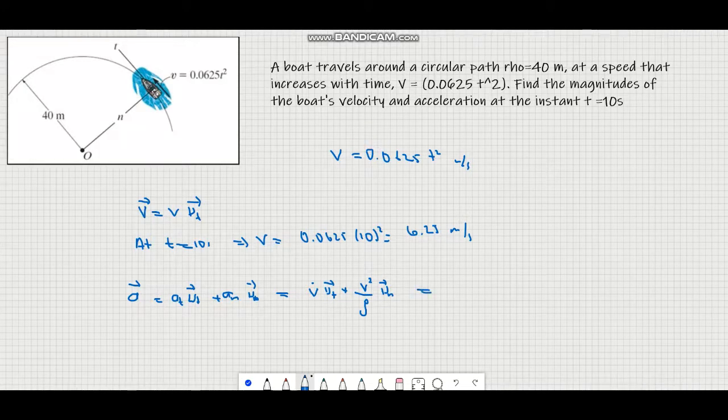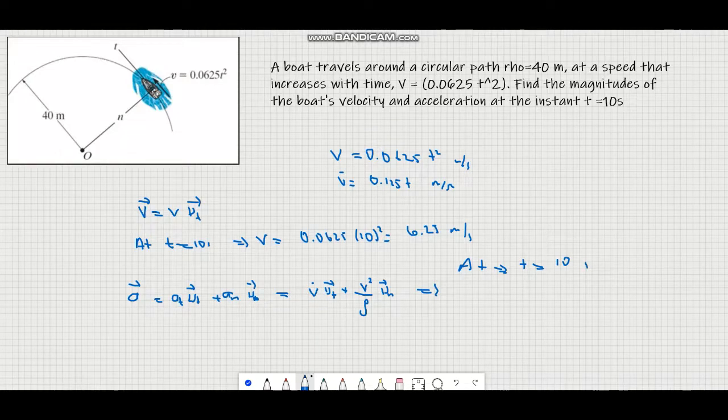And if we take the first derivative of the velocity, we just need to multiply by 2, which gives 0.125 t, right? And the unit is going to be meters per second square. So again, at time t equal to 10 seconds.